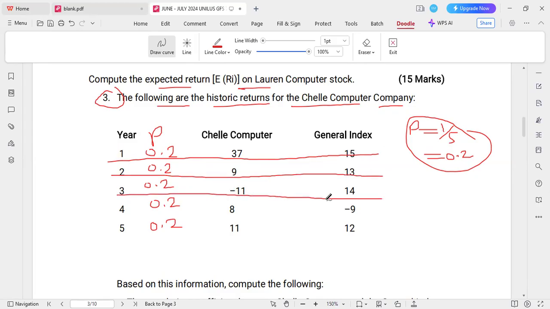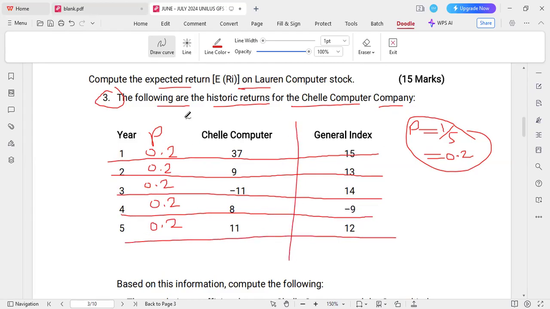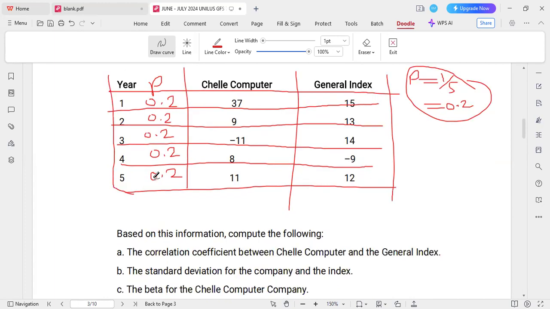And then what we need to do now is find the expected return for the telecomputer and of course the general index.